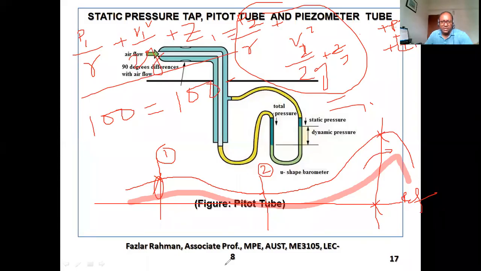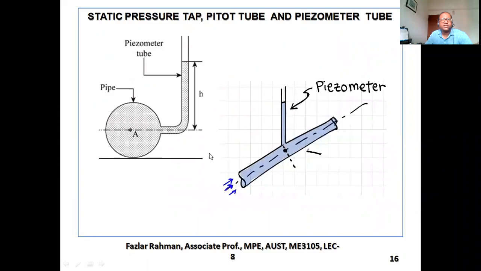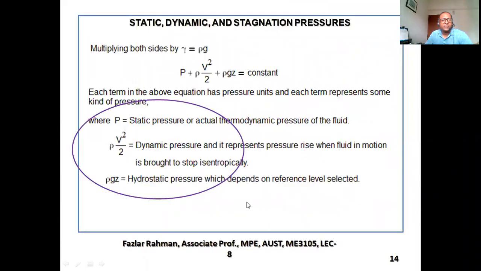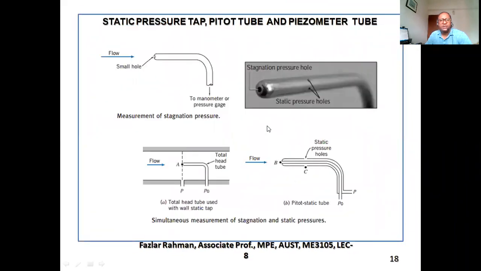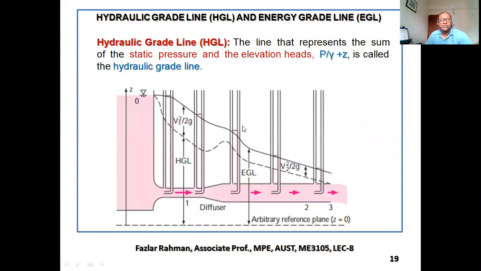There is another term used to describe this equation: pressure head, velocity head, and datum head. The summation of all three, pressure head, velocity head, and datum head, is equal to a constant. They describe it the other way.